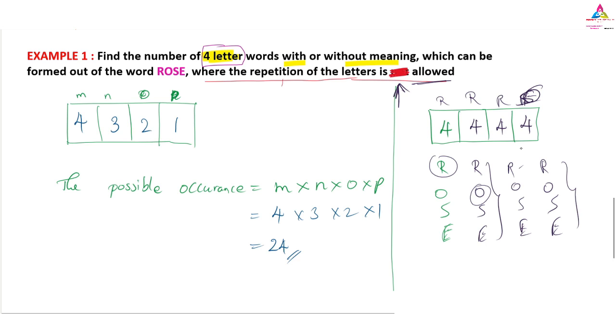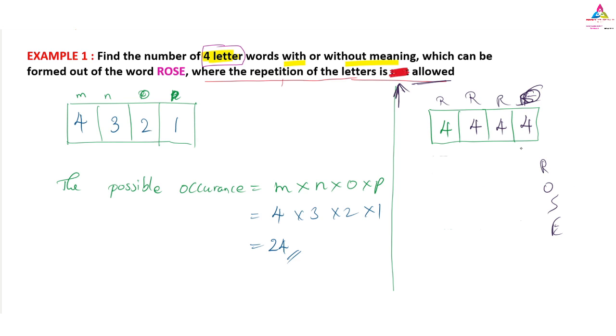Now, how many possible words can be formed, with or without meaning? Let us go for that. The possible occurrence is equal to M times N times O times P. Now there is a slight change: M is 4, N is 4, O is 4 and P is also 4.